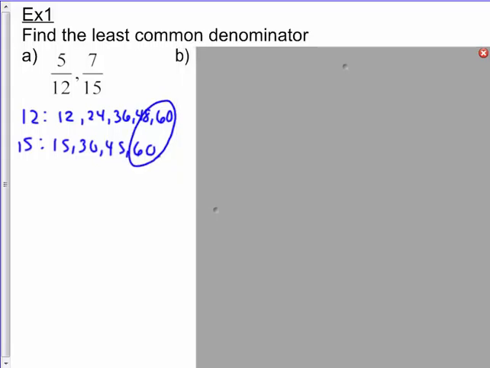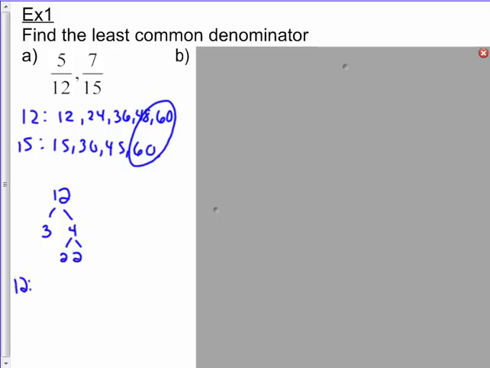Well, let's remember here the other way to do it. That will become more useful when we get to expressions here. So when we have 12, we could break 12 down. We get 12 as 3 times 4 and 4 as 2 times 2.